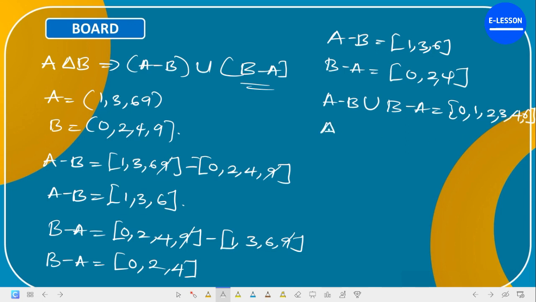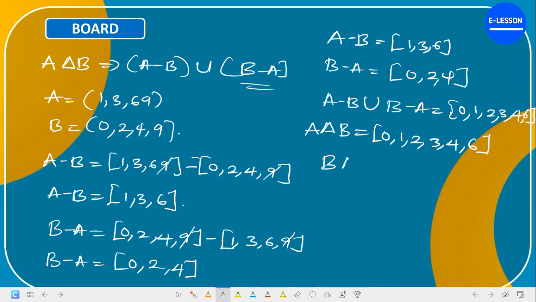So the symmetric difference of A and B will be equal to 0, 1, 2, 3, 4, and 6. Are you getting it now? Is that clear? So that is the symmetric difference.